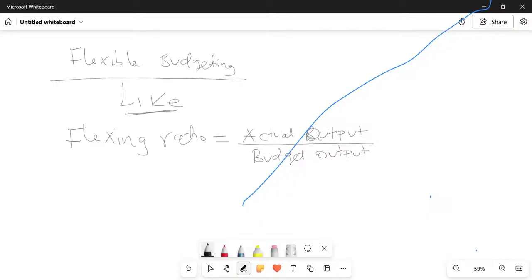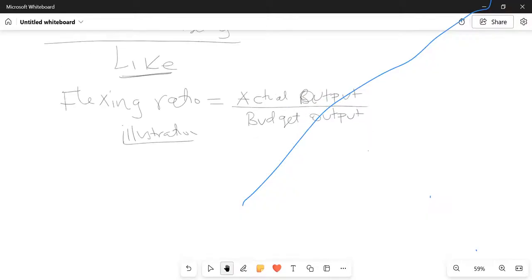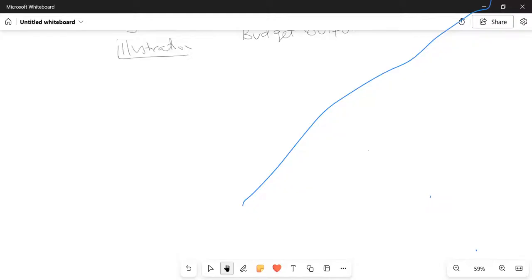Yes. So mention there illustration. For us to be able to appreciate this one, we must do a small little example here. So we have here budget, and then we have here actual. So we start with the output.